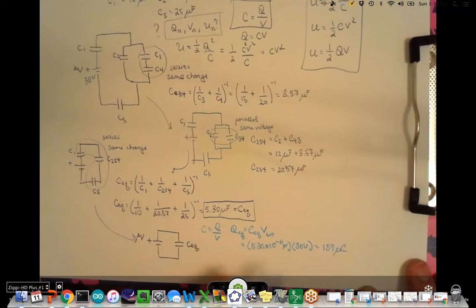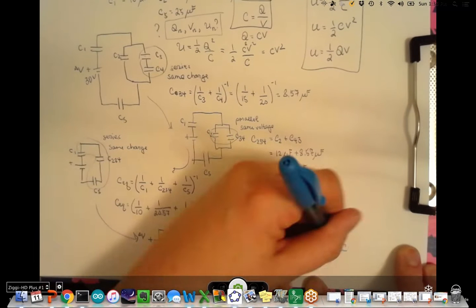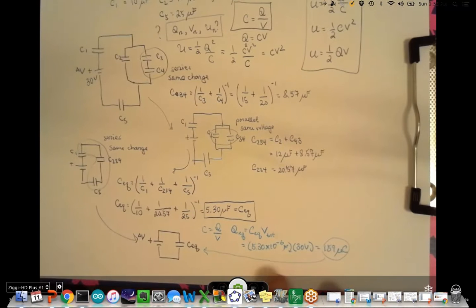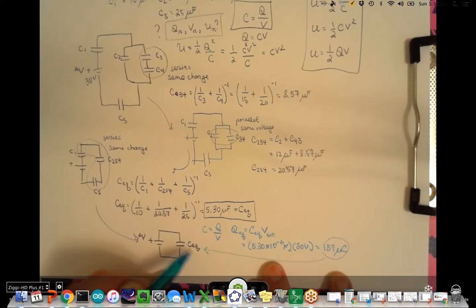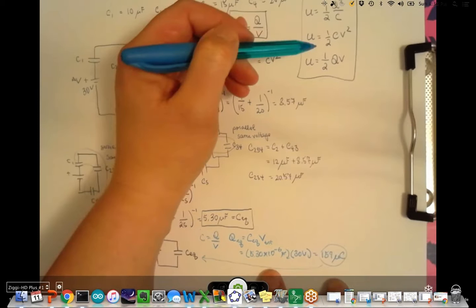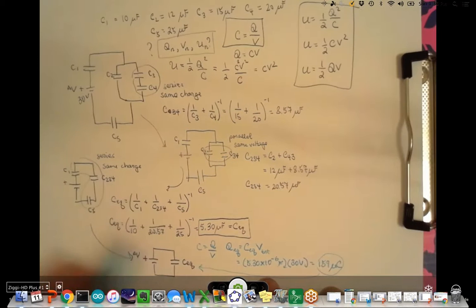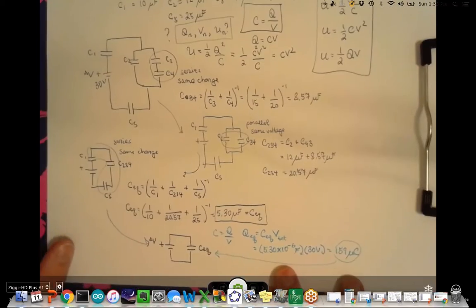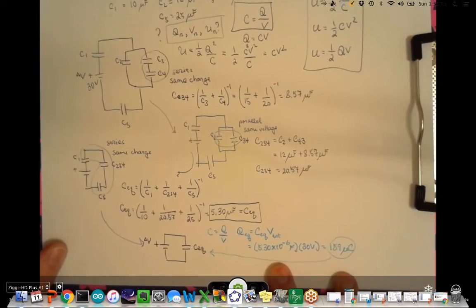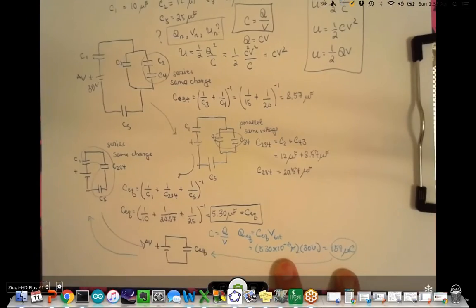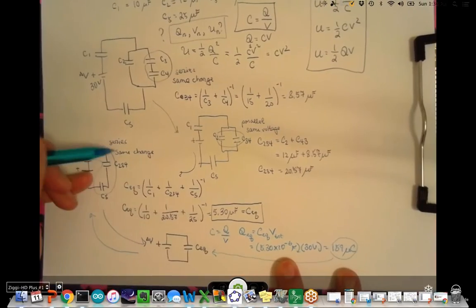So there's 159 microcoulombs worth of charge moving around in this circuit. That's all we have to work with. That's the charge sitting on this capacitor. Let's back up a step. We could find the energy on that using any of these equations, but we're not quite there yet. What we want to do is find a certain capacitor first. Right now we're dealing with the equivalent, so we don't care about individual ones. All the charge is the same on capacitors in series.